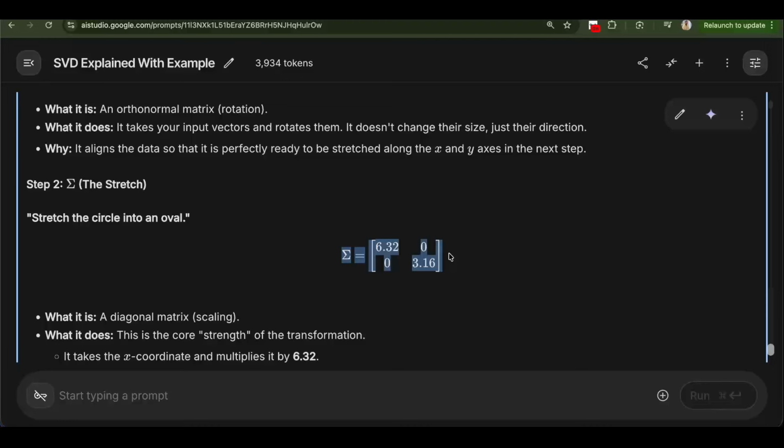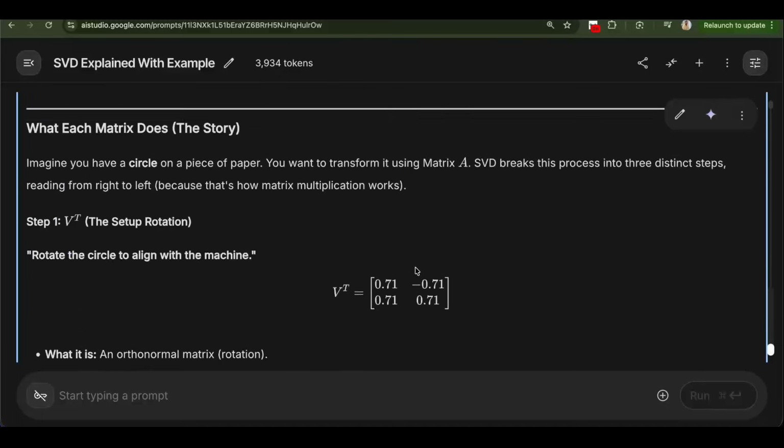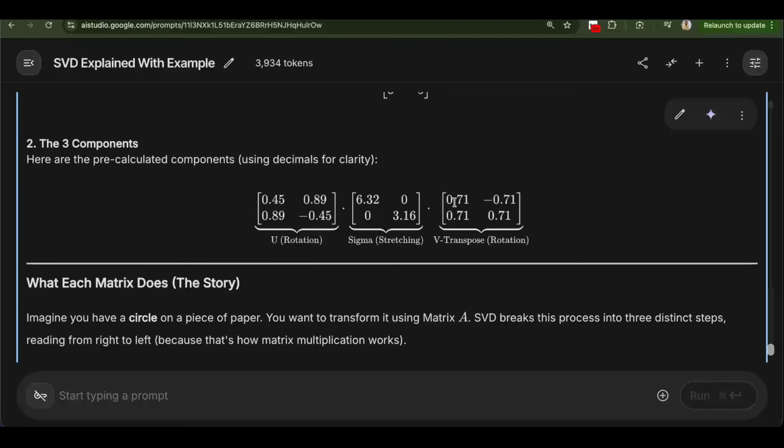But what if you want to stretch in some other direction, not exactly on the x and y axis? So, using all three matrices that I mentioned before: first of all, because this is matrix multiplication, we start from the right one. We need to look at the right one as the first transformation. This is because of how matrix multiplication works.